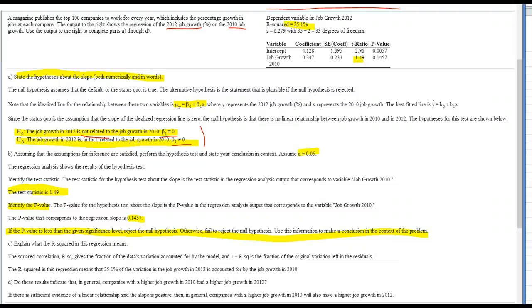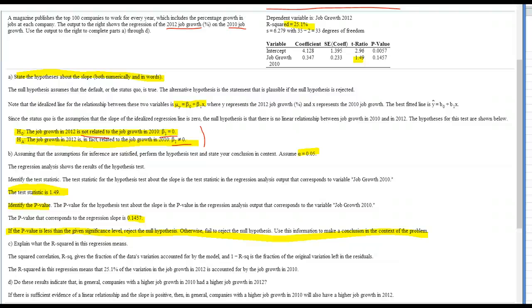The last part asks: do these results indicate that in general, companies with a higher job growth in 2010 had a higher job growth in 2012? The important thing to recognize is that this is not asking you if there is a strong enough relationship, so it's not asking you to repeat the hypothesis test, whether it failed to reject or rejected the null.